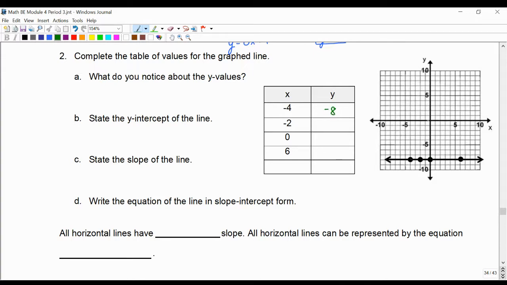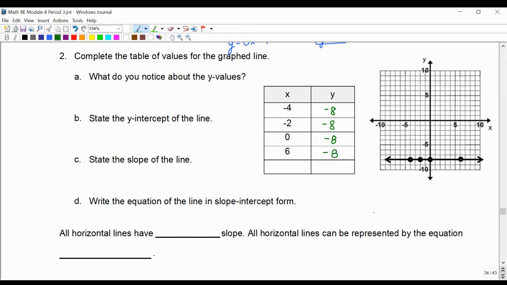For an x value of -2, the y value is -8. For an x value of 0, the y value is, yep, you guessed it, -8. And for an x value of 6, the y value is -8.